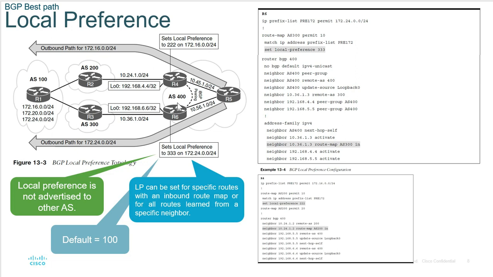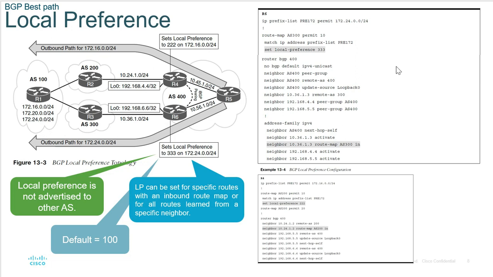But for this topology, we want to influence the way out to destination network 172.16 from R4 to be through router 2 or AS200. For router 6, the way out to network 172.24.